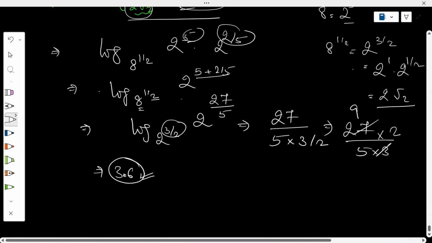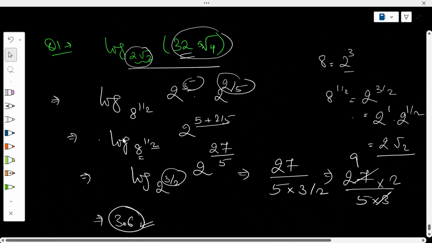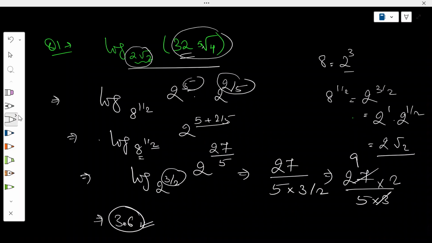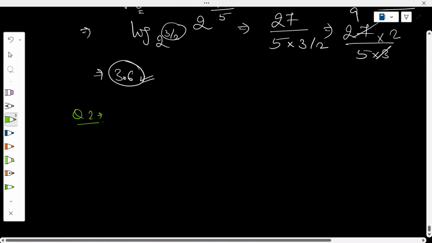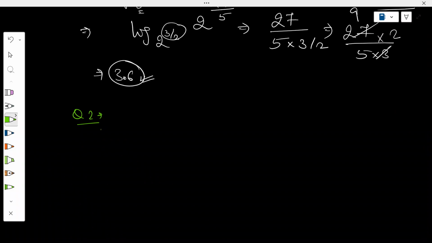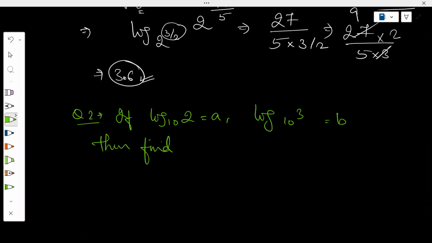Second question that we are going to look at is, we have to find the value of, if it is given that log of 2 at the base of 10 is a, and log of 3 at the base of 10 is b, then find log of 60 in terms of a and b.